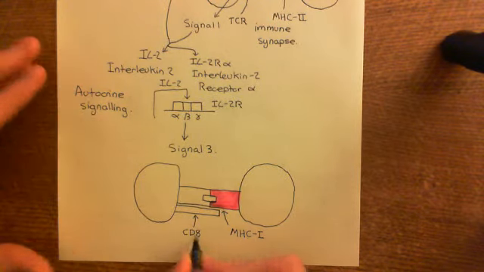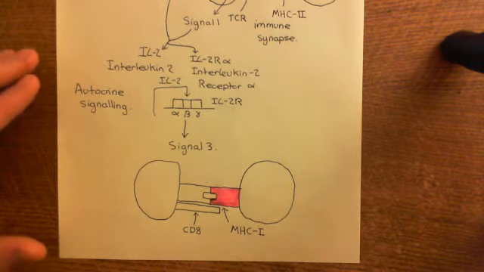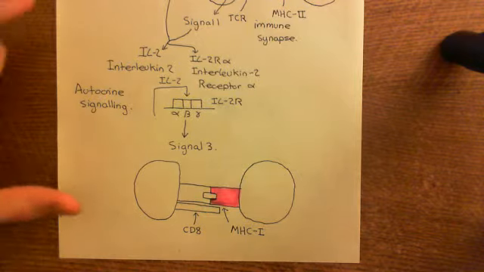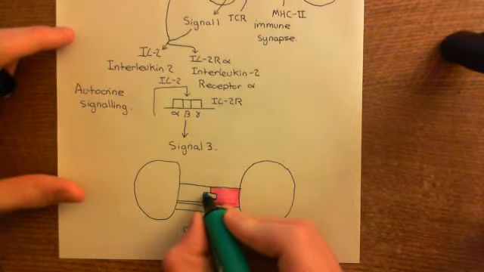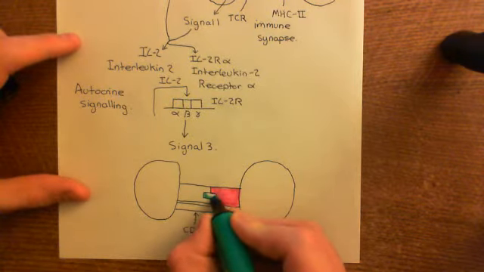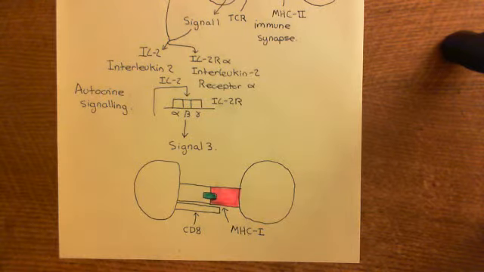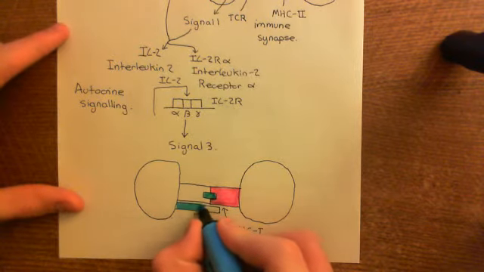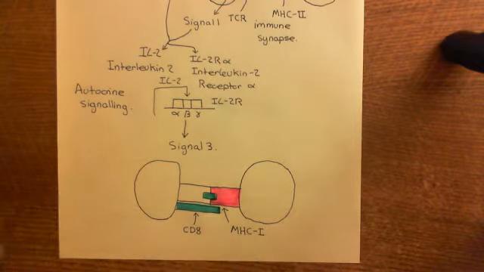cluster of differentiation 8. Right, so if you've got an antigen fragment which you want to present to a T cell receptor, that is on the MHC class 1, you must present it to a T cell that has CD8, because the CD8 must bind to the MHC class 1 in order for this to deliver signal 1 to the T cell.